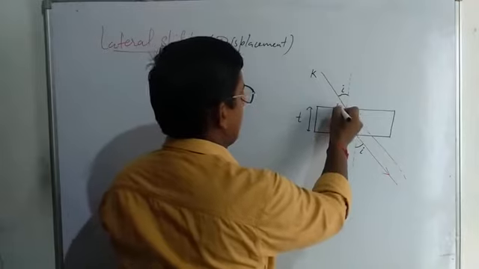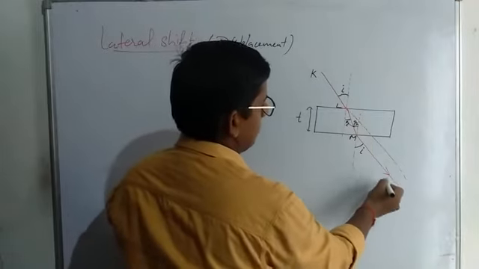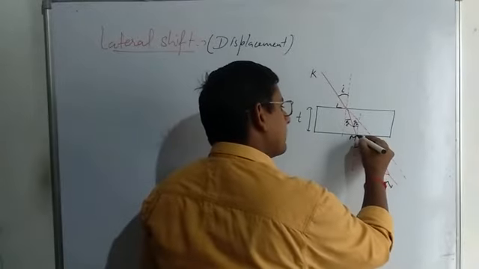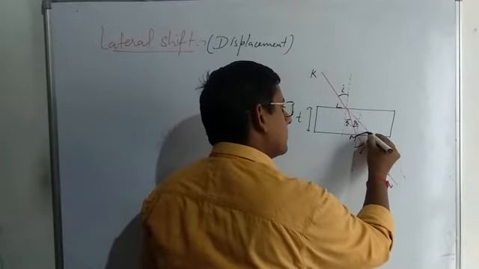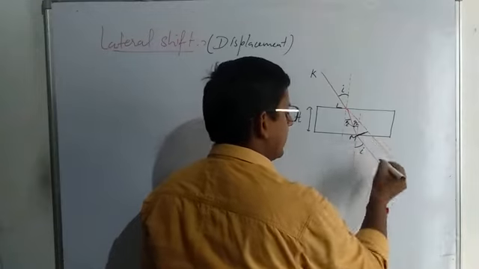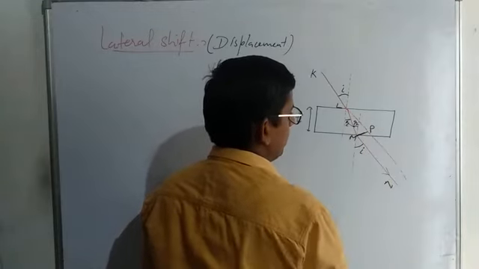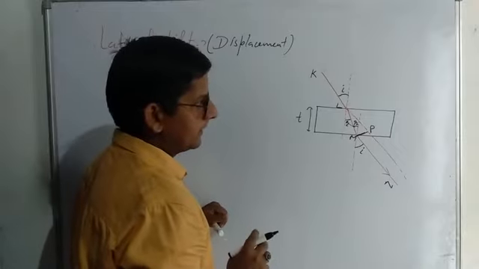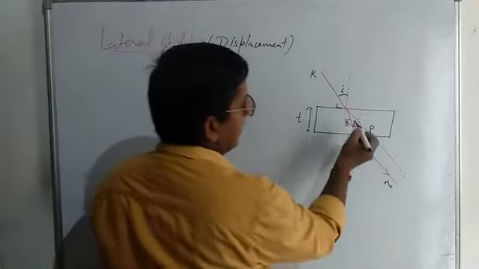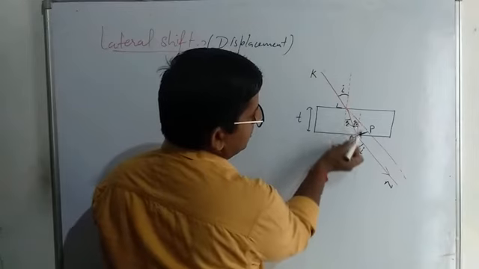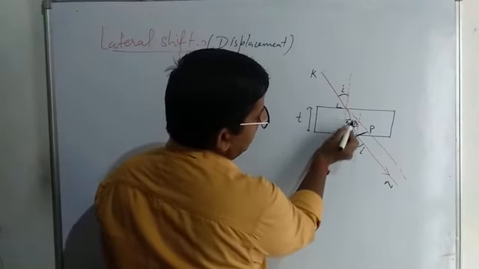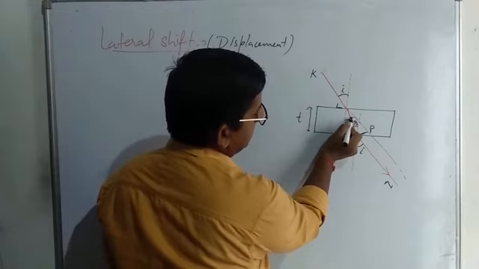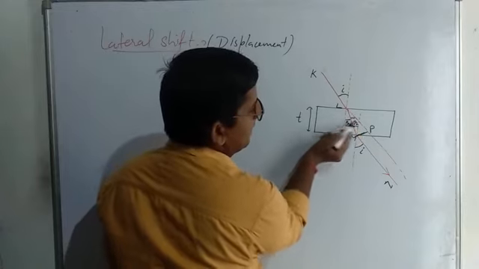K, L, M and N points. We draw a perpendicular line from M onto the initial path, let's say MP. And the angle of deviation from the initial path, let's say this angle is del, angle beta.